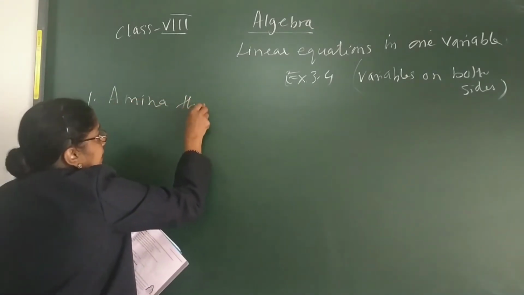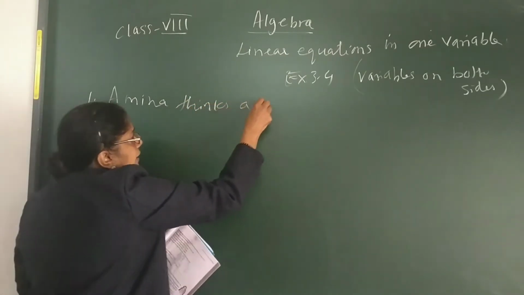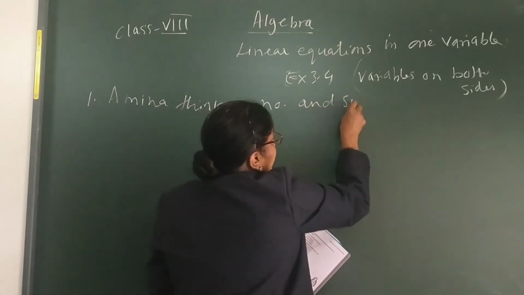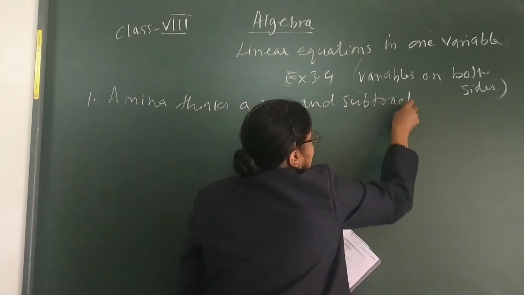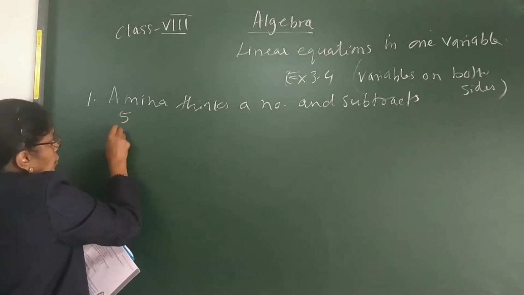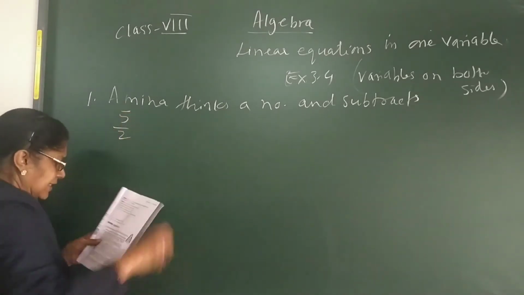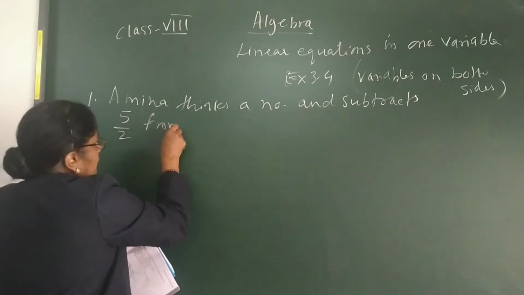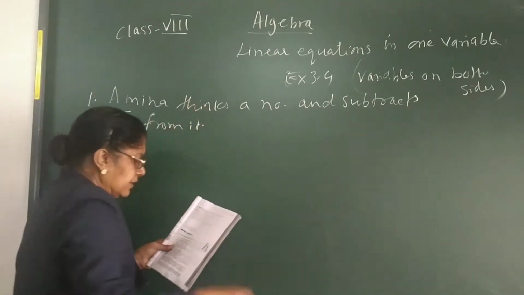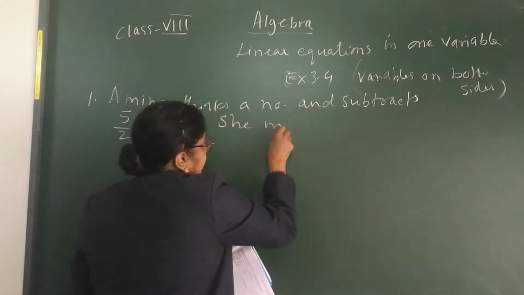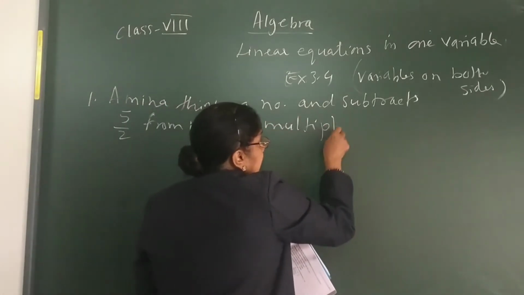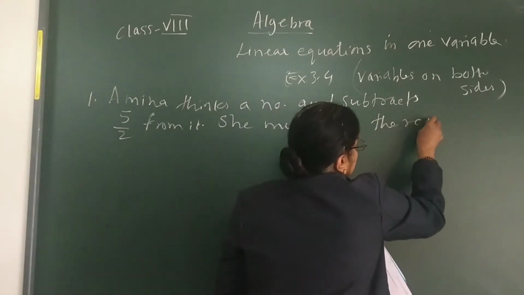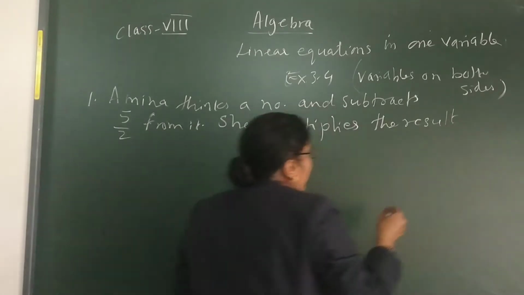Amina thinks a number and subtracts 5 by 2 from it. She multiplies the result by 8.